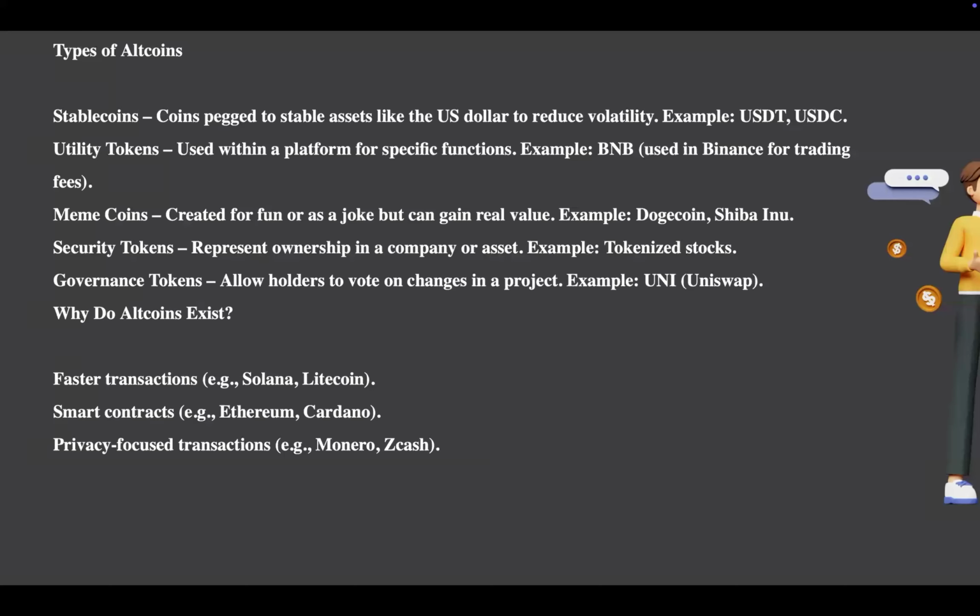And then governance tokens, which allow holders to vote on changes in a project. There are some, just like Uniswap. When Uniswap came about, when it was still new, there was this airdrop that they did, and it was majorly for people that did something on the exchange, maybe they traded or did one or two things on the exchange. Depending on how big the amount you traded on the exchange was, the higher the amount they gave you as an airdrop.